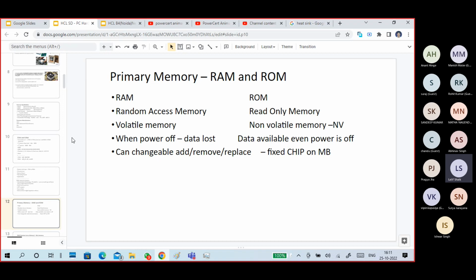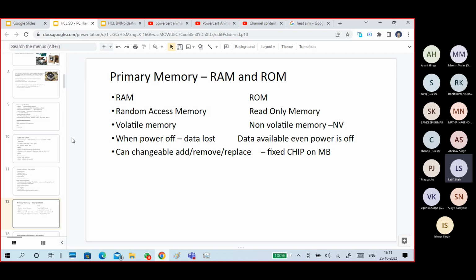Of course, ROM is a chip on your motherboard, so it has fixed data in it, which is given by the manufacturer of that ROM. It is not required to load any separate data.